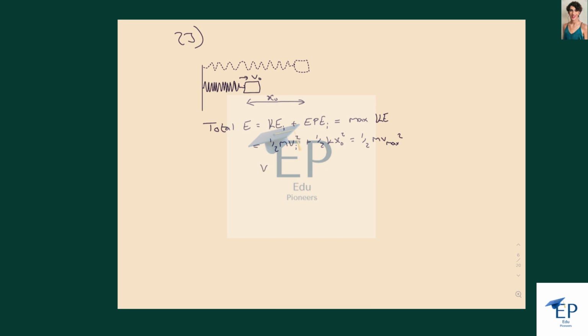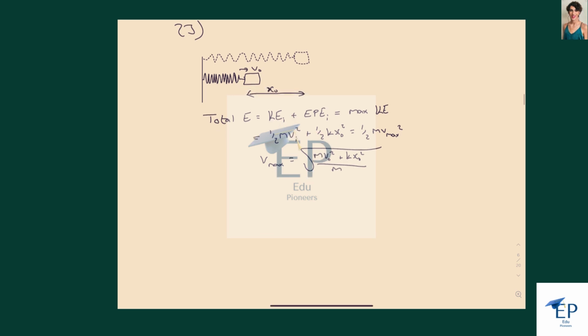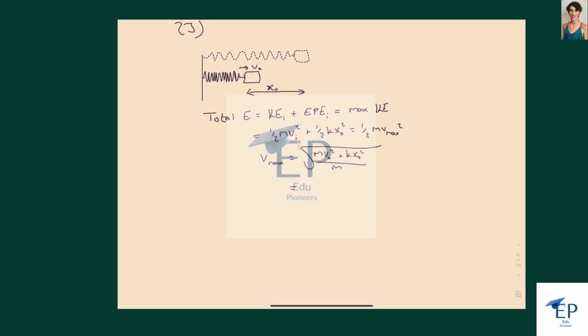And therefore v max, if we isolate v max, it's going to be equal to the square root of m v naught squared plus k x naught squared divided by m, which we can then say is the square root of v naught squared, let's neaten that up slightly, v naught squared plus k x naught squared over m.